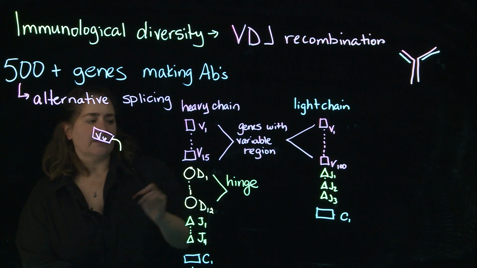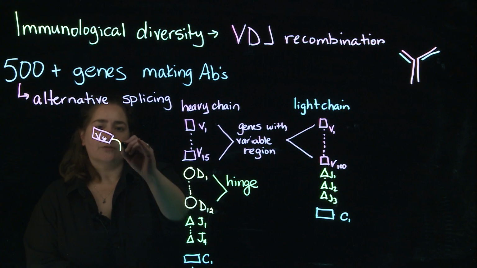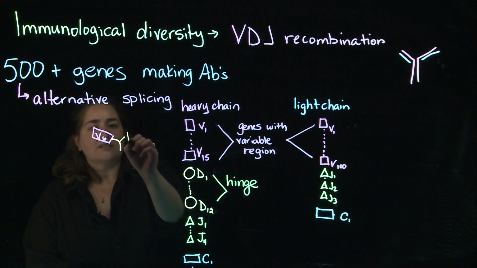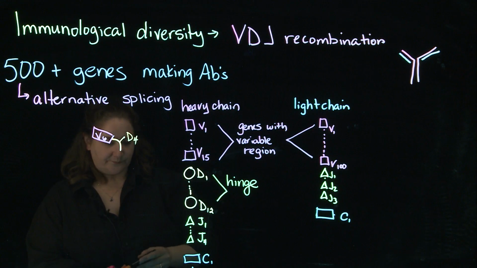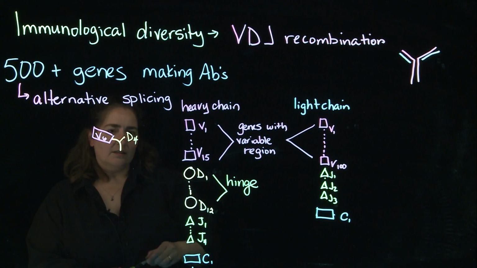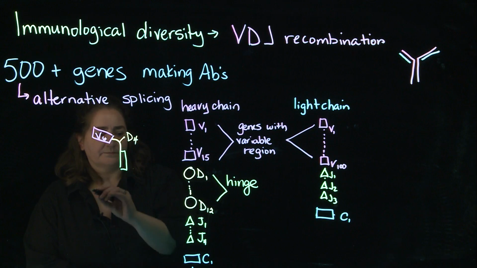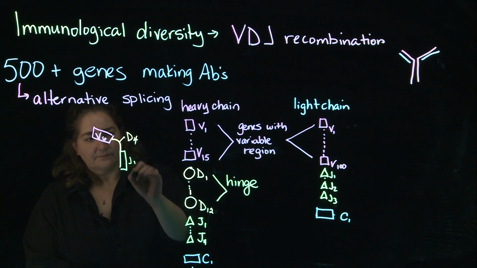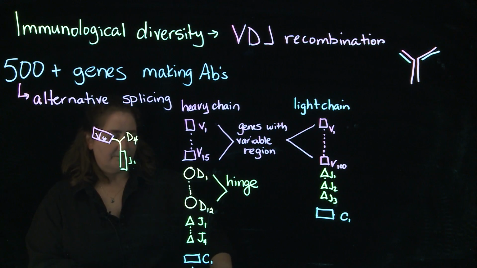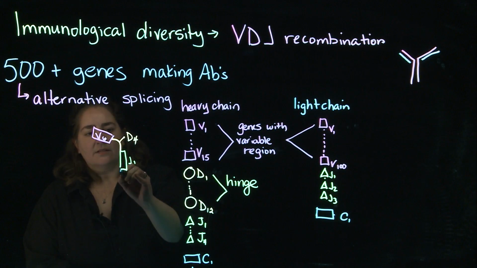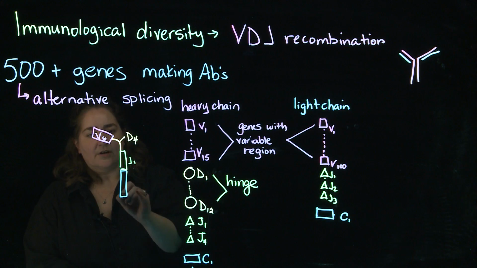I'm going to draw it like this since it represents a hinge, and we'll say this is D4. Then we're going to put a J, J1, and then the rest of our constant region.